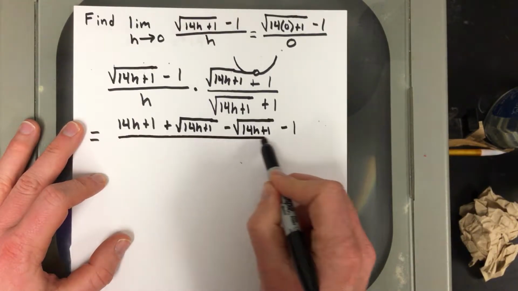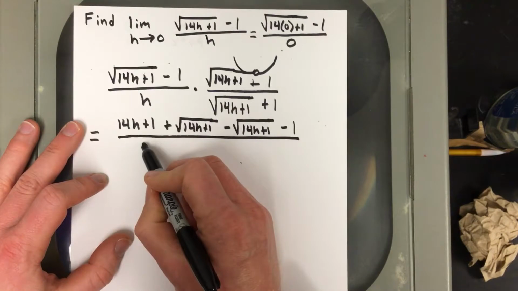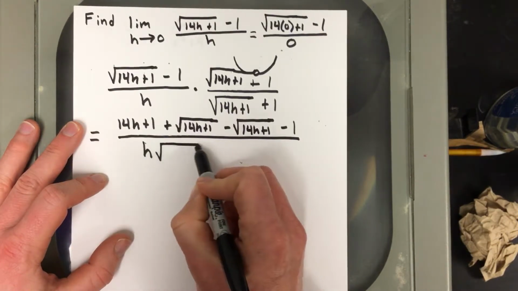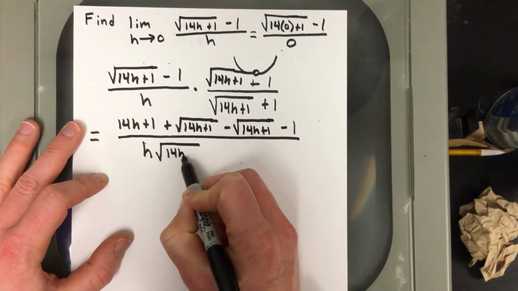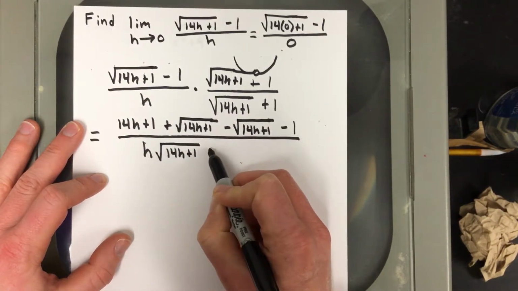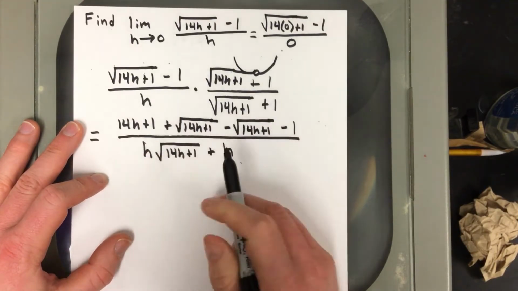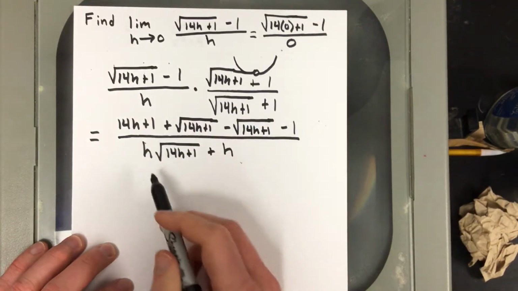On the bottom, that's going to give h times the square root of 14h plus 1, plus h times 1, which is h. Remember, just distribute to each term. Then we can do some canceling.